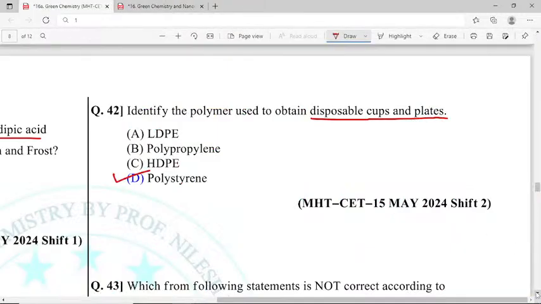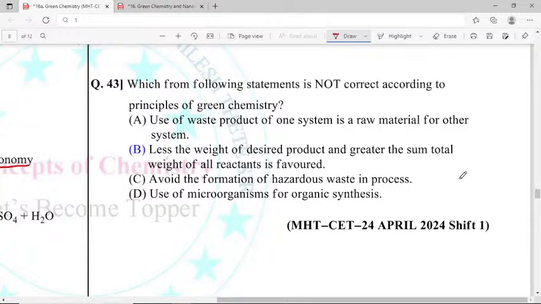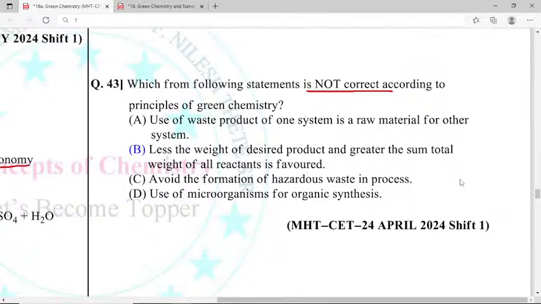Next question. Which from following statement is not correct according to the principle of green chemistry? Use of waste product of one system as a raw material for another system is correct. Less the weight of desired product and greater the sum of total weight of all reactants is favored?